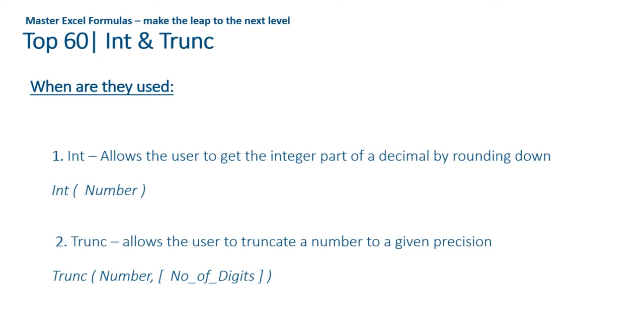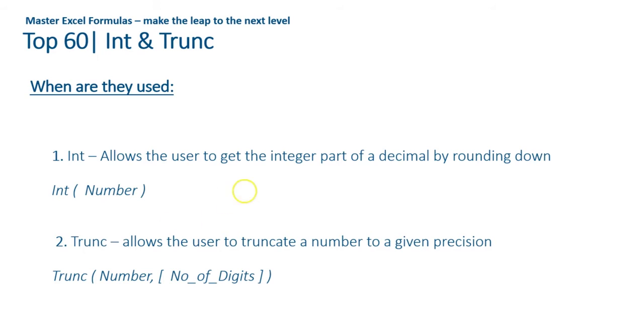We have the next set of formulas, which are INT and TRUNC. Both formulas allow the user to get the integer part of a decimal by rounding down, for example.